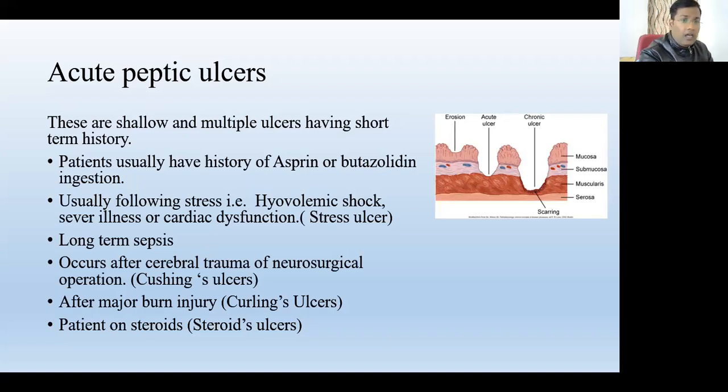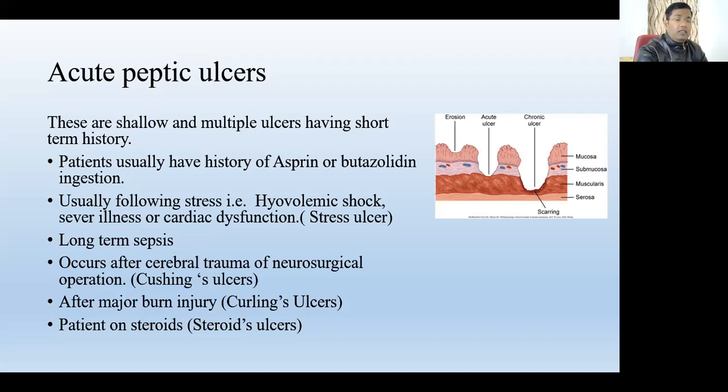These medicines are the NSAIDs, non-steroidal anti-inflammatory drugs. These drugs are the most common factor for the development of acute peptic ulcers.